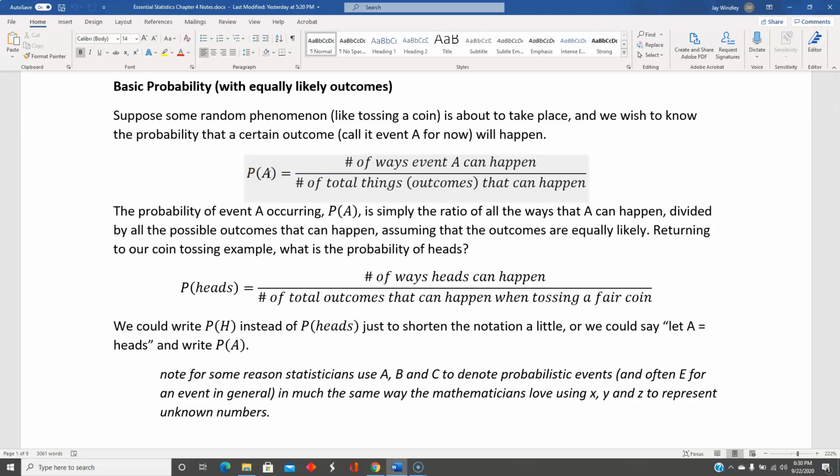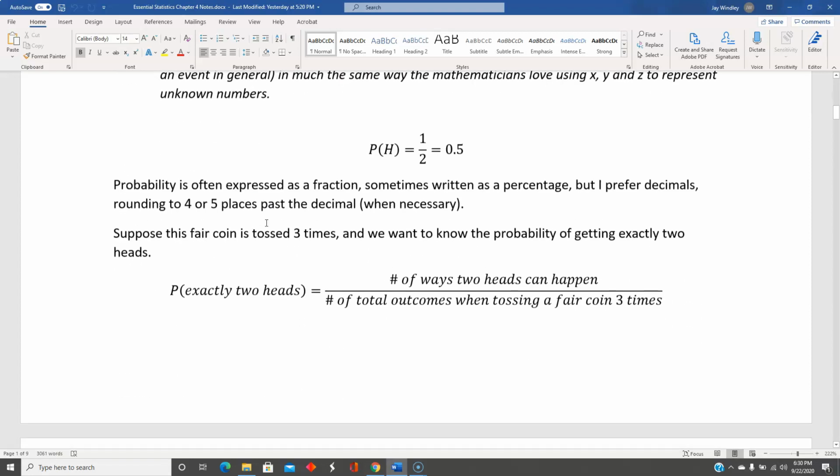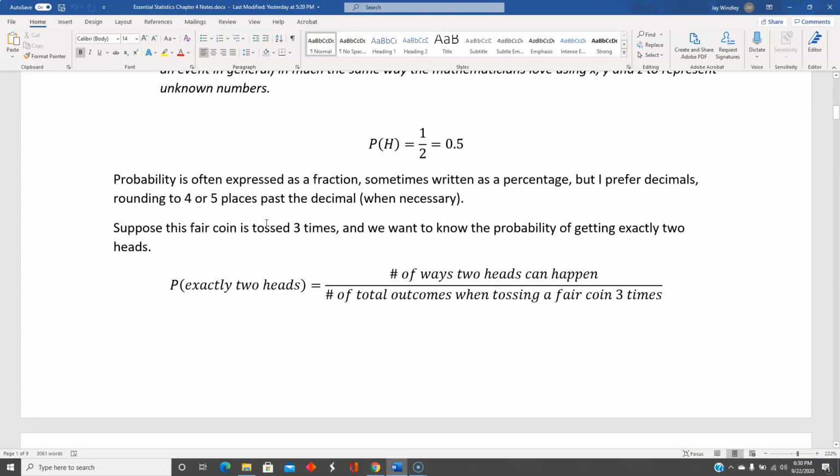You'll see the A's and B's and C's in a lot of our formulas. Usually, you can express probability as a fraction, but it's more often expressed as a decimal number, and it's got to be a decimal number between 0 and 1. Very important: you cannot have an answer to a probability that's bigger than 1.